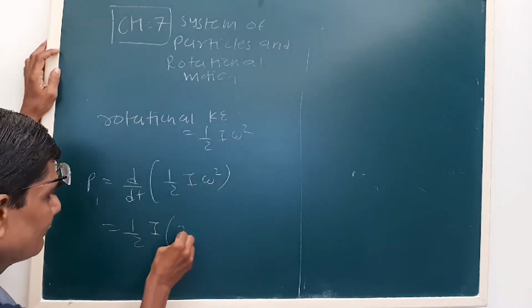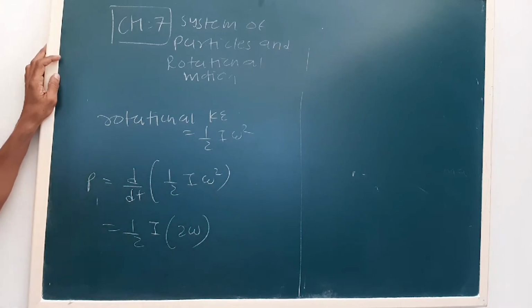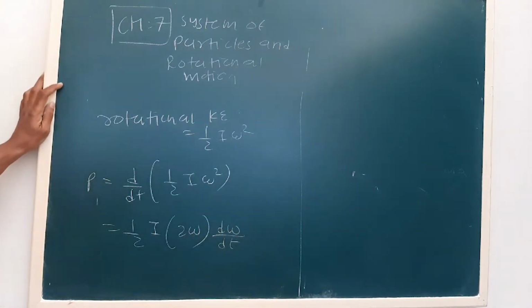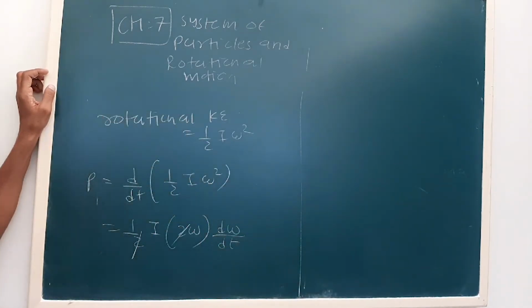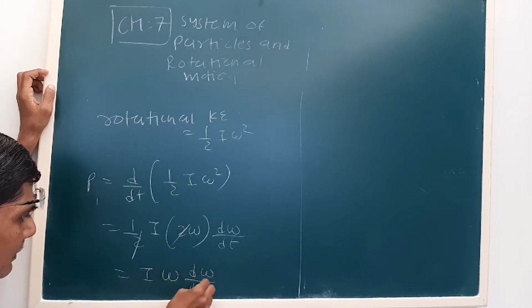See, omega square derivative will be 2 omega, but see here there is no t in the equation, so in that case we have to take the derivative of omega with respect to time. Now see, this 2 will be cancelled, it will be I omega d omega by dt.